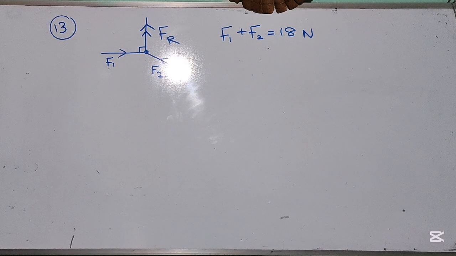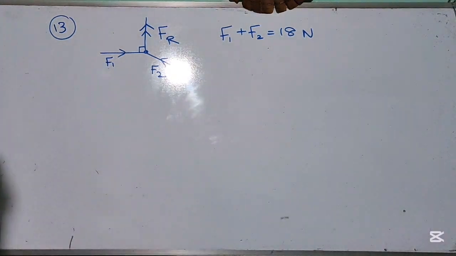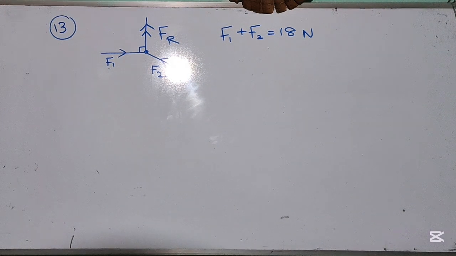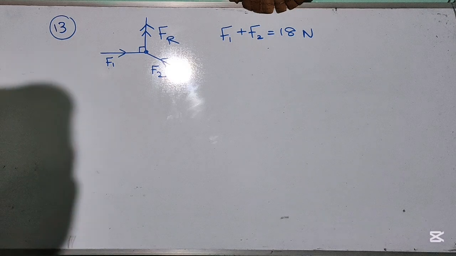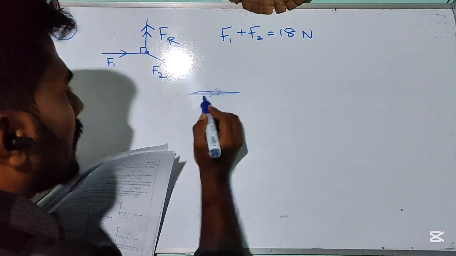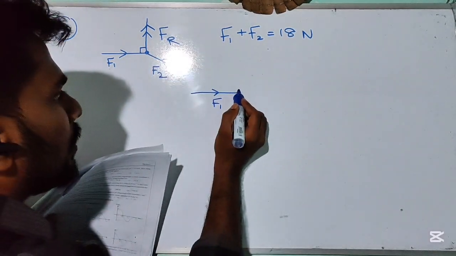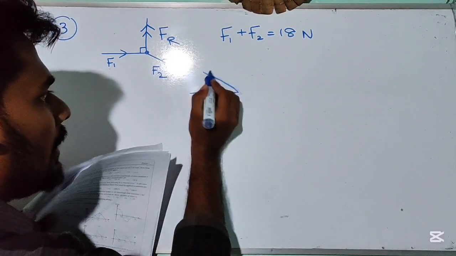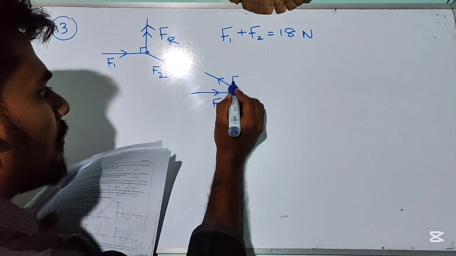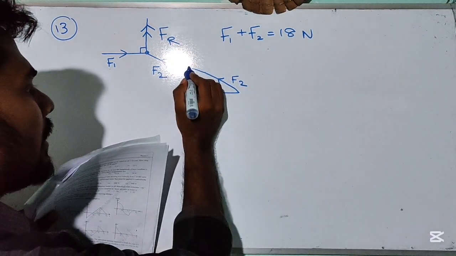So if we draw this one, F1 force and next force F2 force like this in a triangle, we can draw the starting point and ending point.